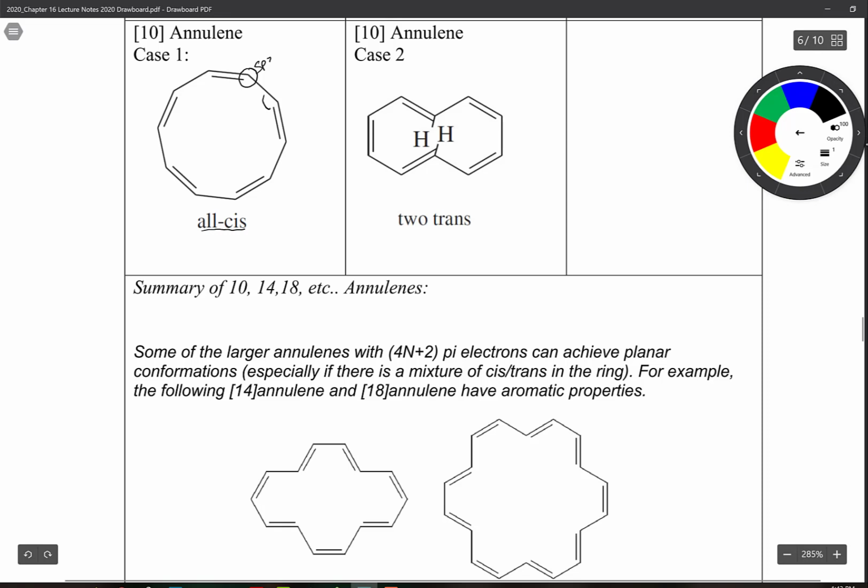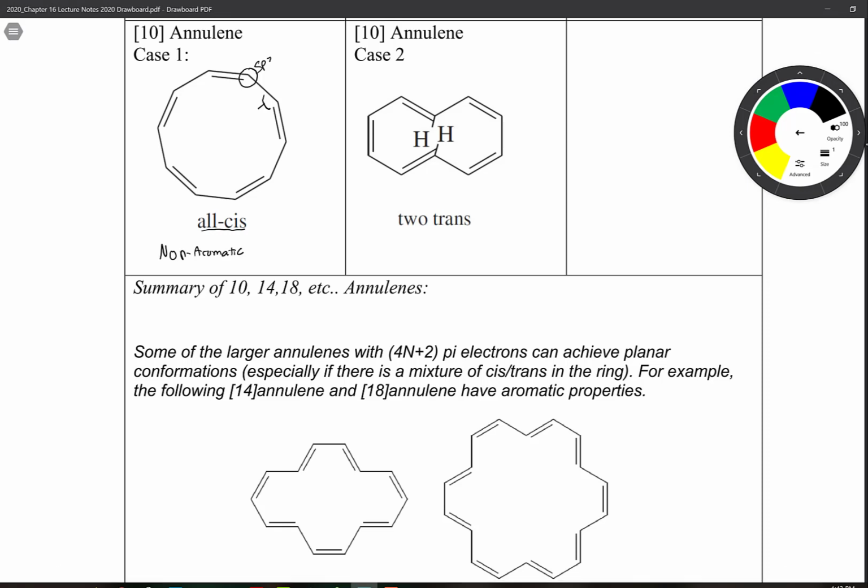There's this pressure stretching it out right here that causes it to start to bend. So this molecule is also not planar, and because it's not planar, it is non-aromatic. That's if we're all cis.